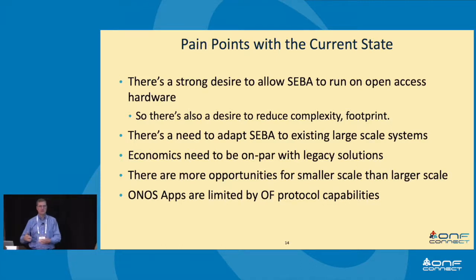But if I want to start managing things like scheduling, things that are not part of what I call match action rules, I have to go around the side. I either have to build profiles or metadata or other things that wind up working around the protocol to get things done that we need to do in the access. So those are our pain points today.